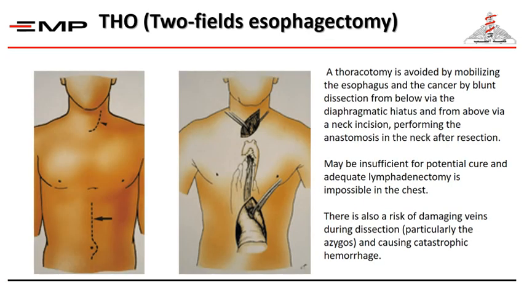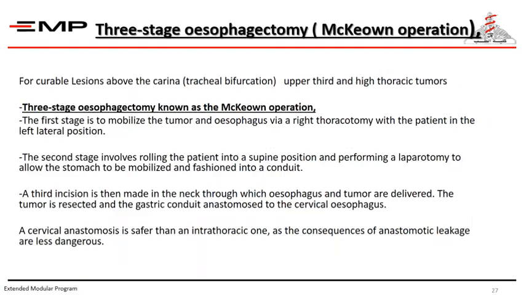The transhiatal esophagectomy, which is a 2-field esophagectomy, is done aiming not to open the chest and to avoid any mediastinal problem and even any respiratory complication, but it is not a curative or radical operation because the dissection around the esophagus is done blindly. We don't remove any lymph node in transhiatal esophagectomy.